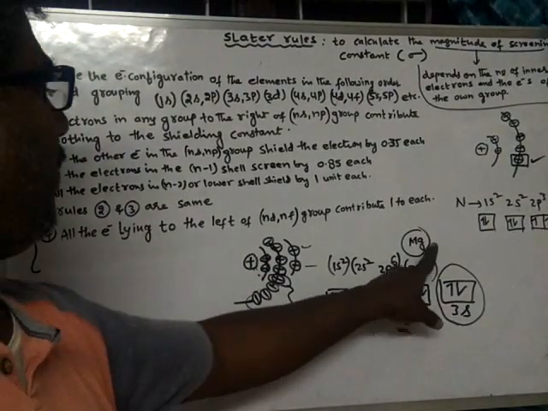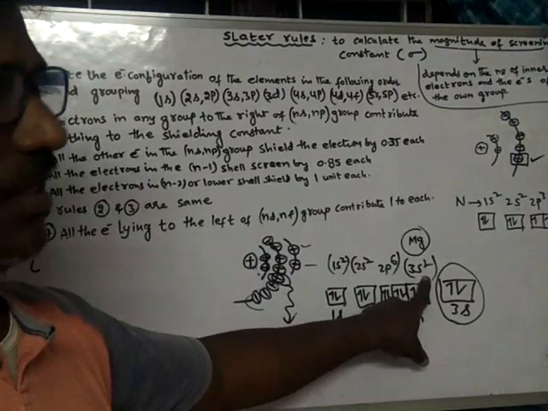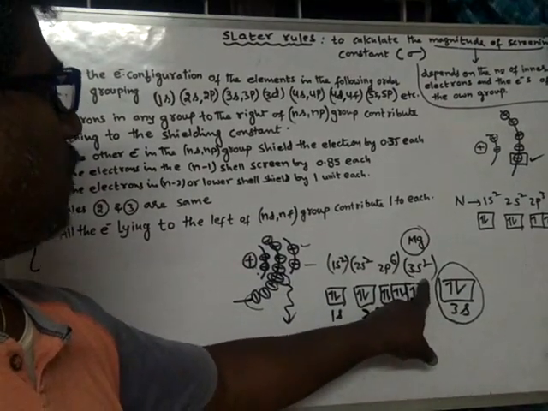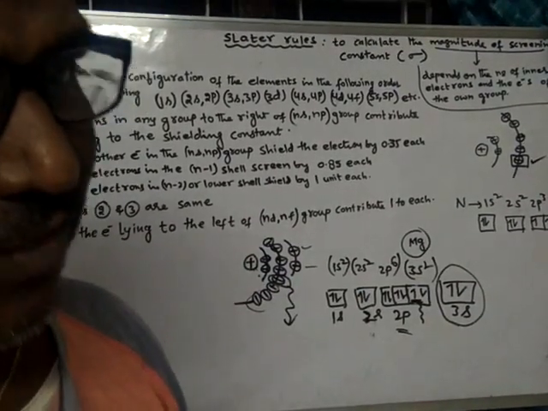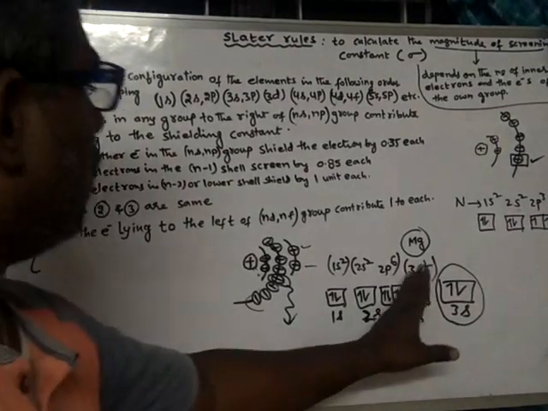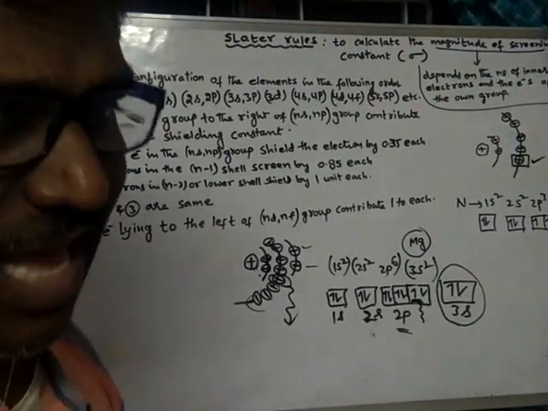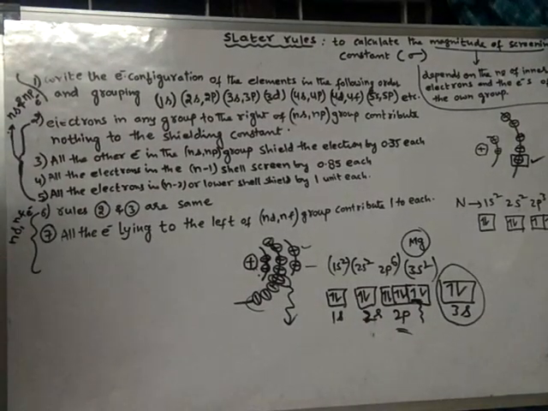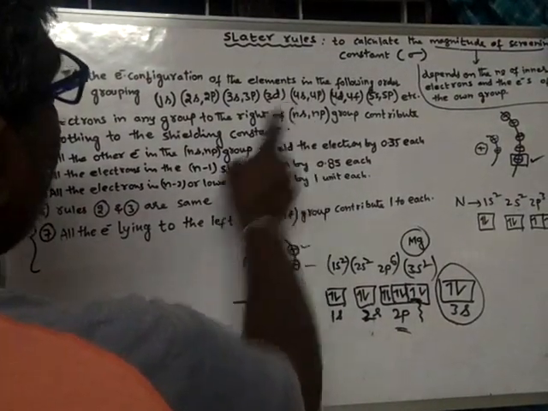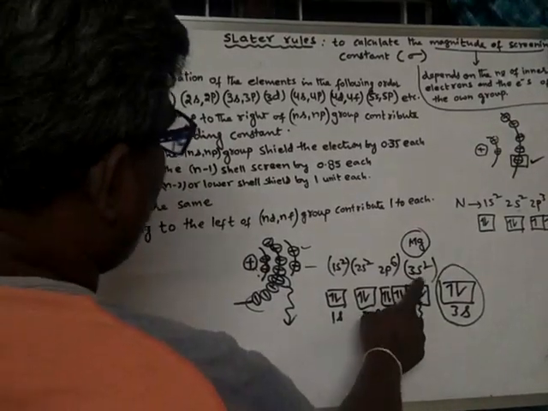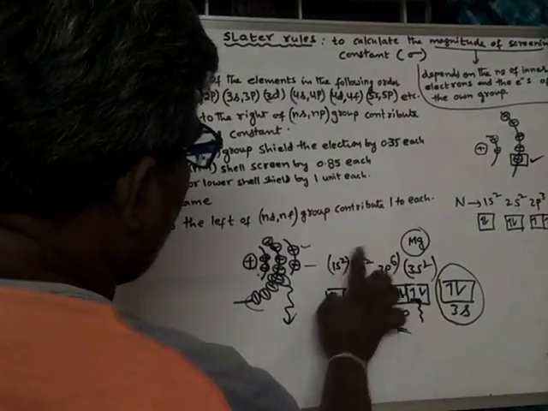Though magnesium has one more orbit, those electrons or that group is not considered for the screening effect, so we should simply eliminate that one. Now this group becomes the nth group, or last orbit. That is why ns and np is given. This group is present towards the right side of ns-np.